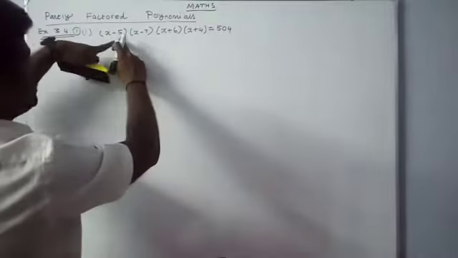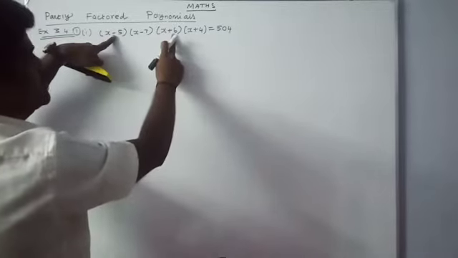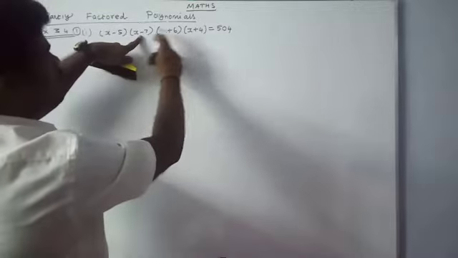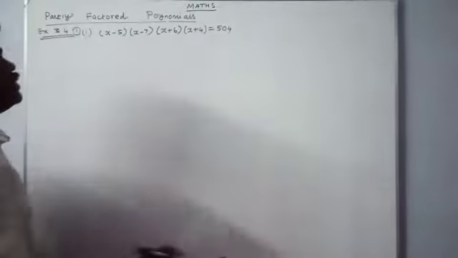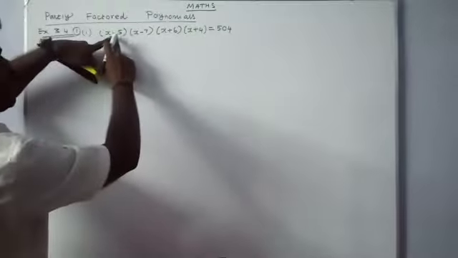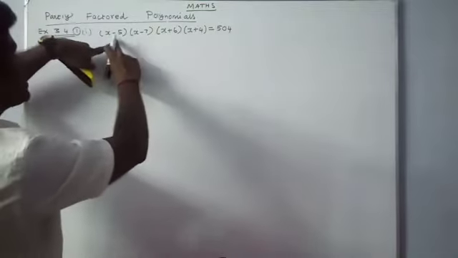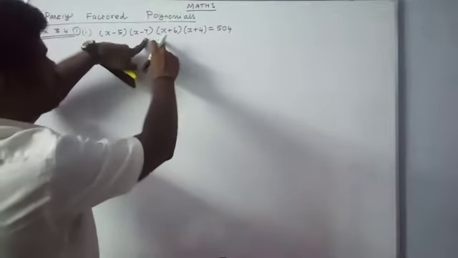Suppose we choose any two factors, for example minus 5 plus 6, the answer is 1, and minus 7 plus 4 is minus 3. So these two are not equal. Now take the first and last: minus 5 plus 4 is minus 1, and x minus 7 plus 6 is also minus 1.